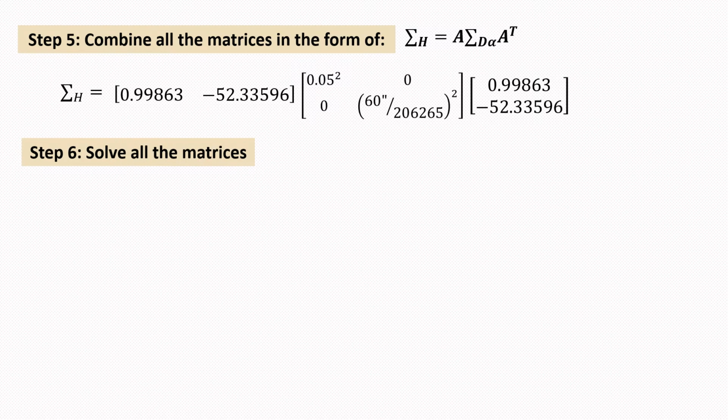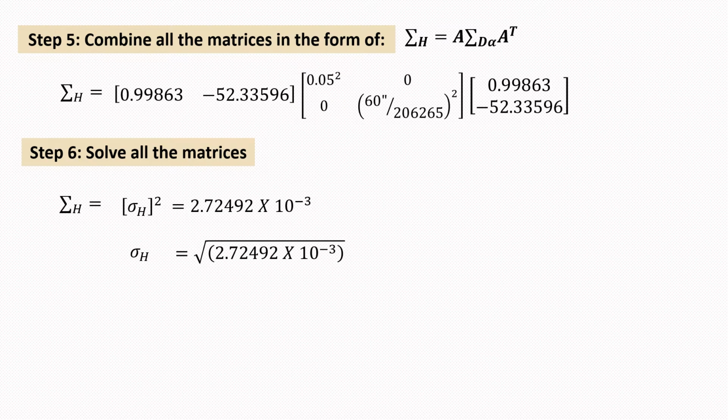Step 6. Solve all the matrices combined in step 5 to get the standard error of horizontal distance h. By solving the matrices, we can get the variance of horizontal distance h, which is 2.72492 times 10 to the power of negative 3.